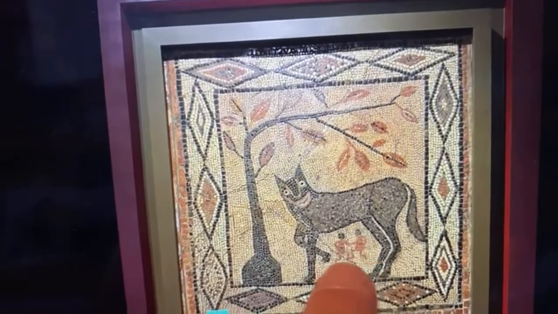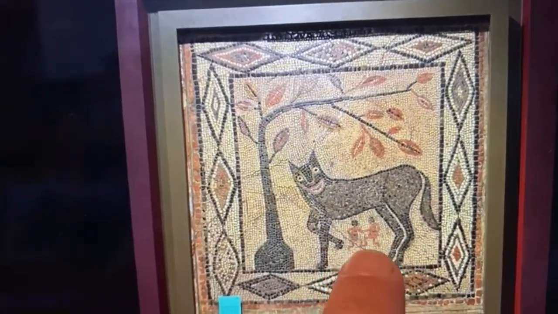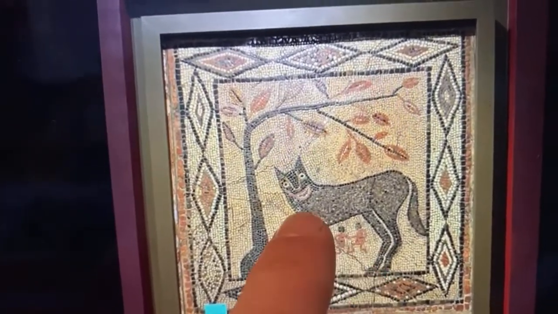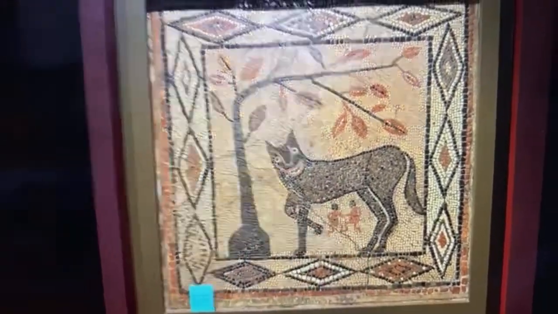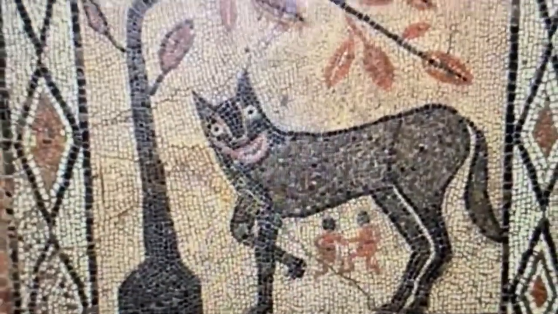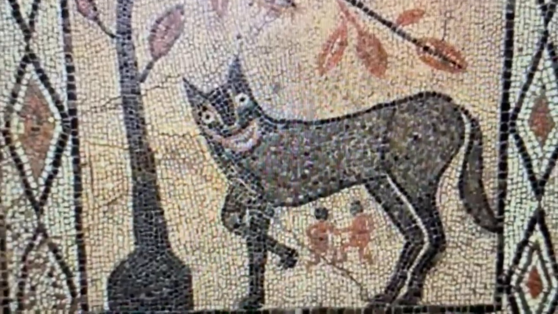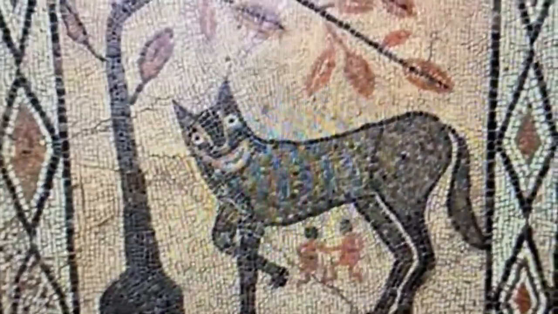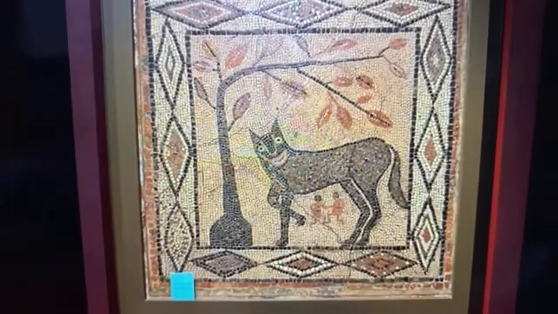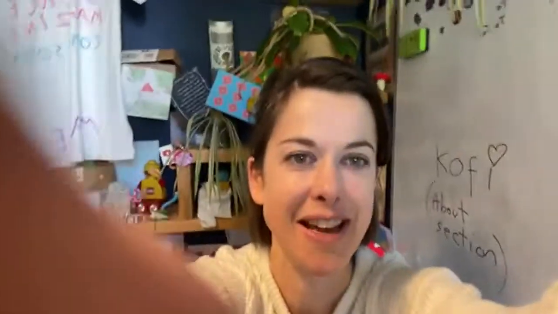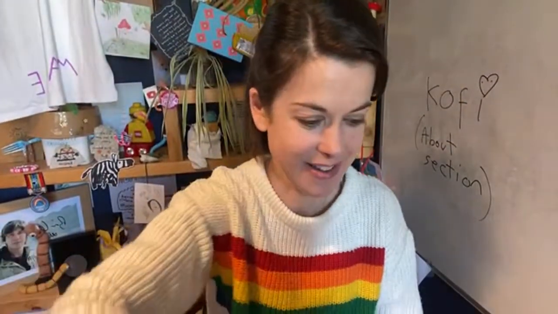Actually, Romulus killed Remus is a whole thing. But when they were babies, they got sent down a river and a wolf found them and gave them her milk. That's what this is showing. It was a long time ago. They did the best. I couldn't make a better mosaic, but that is wild. Thank you for that, Magnus. I need to go and see that.